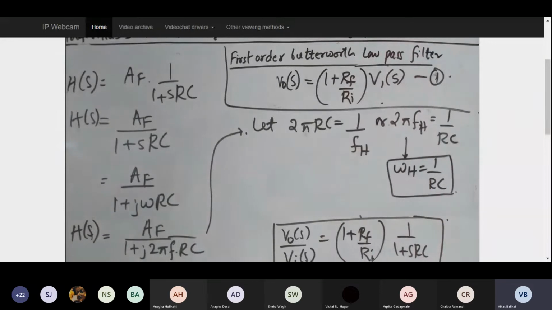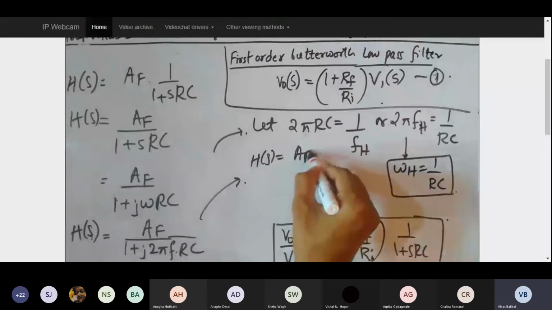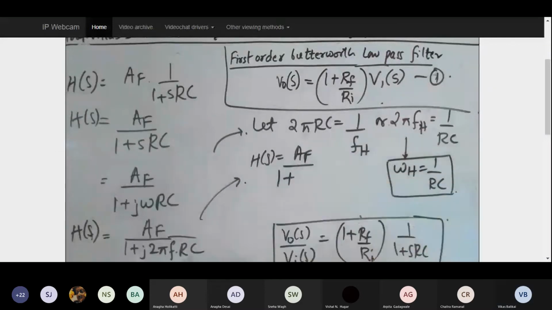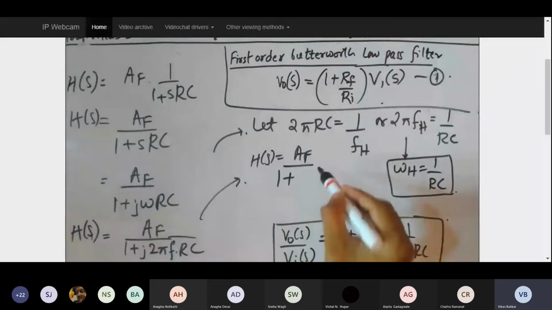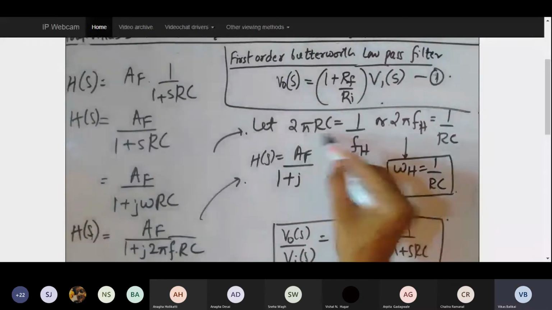So ultimately, if I look at this equation, this now becomes H of S equal to AF divided by 1 plus J, I'll leave it as it is. What was your FH value you wrote?